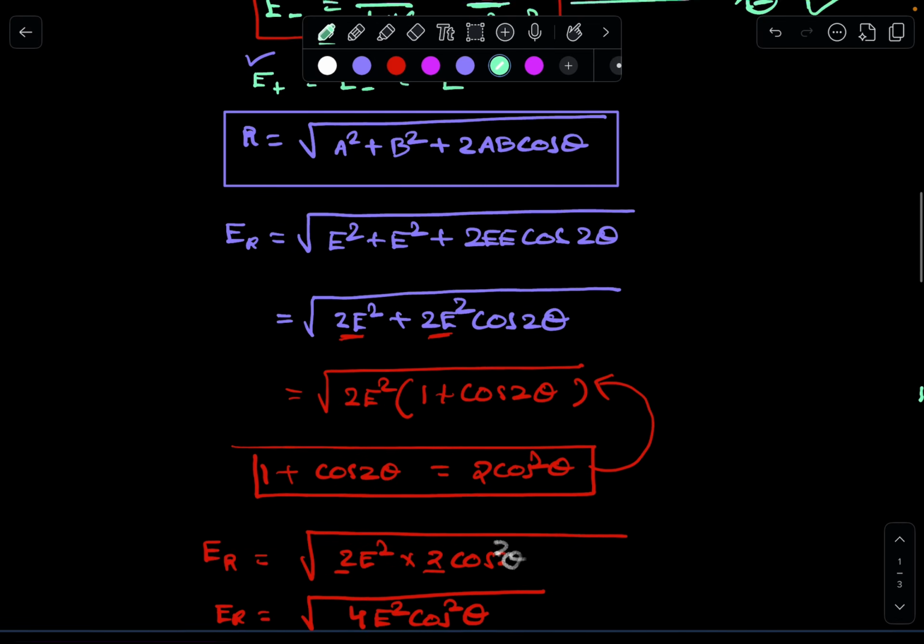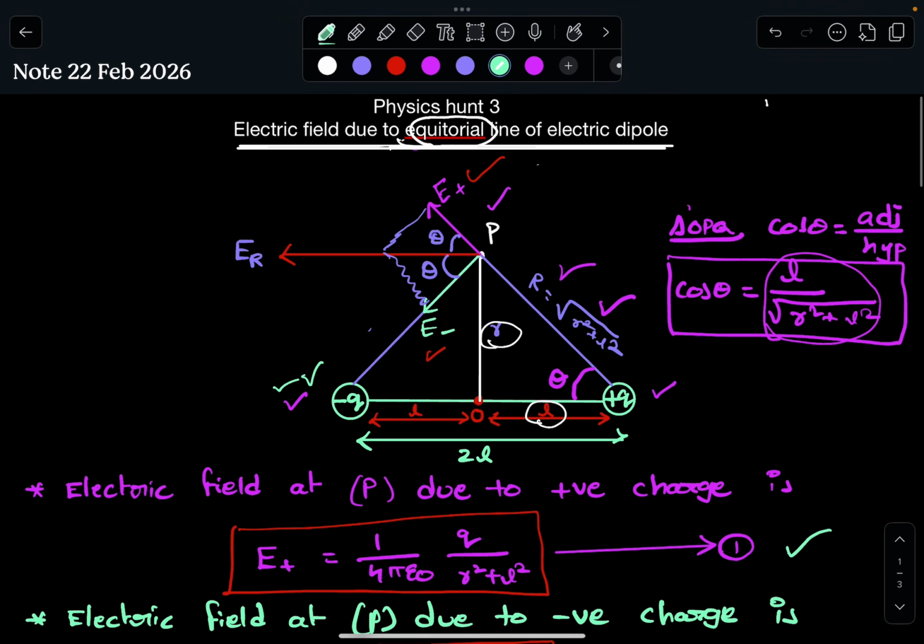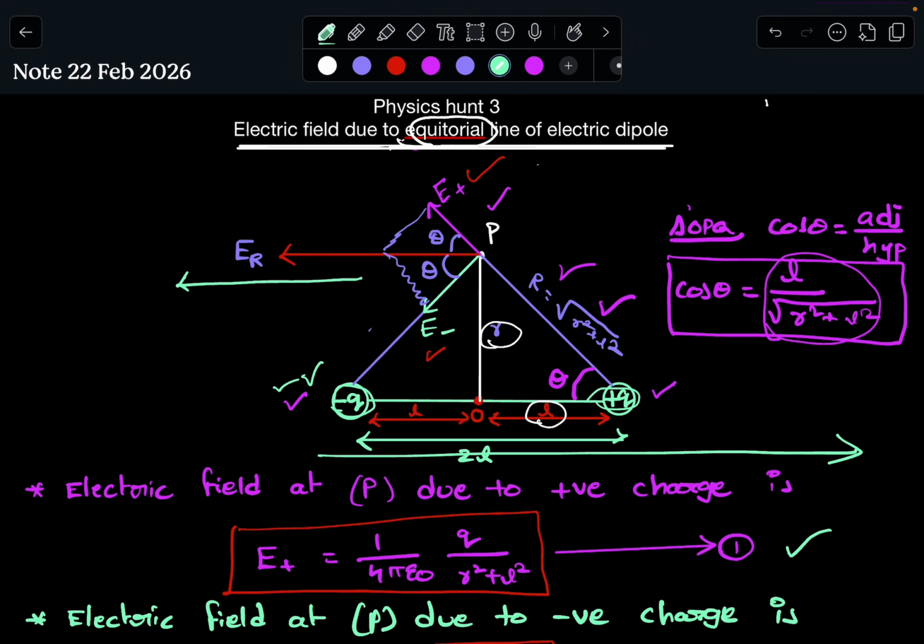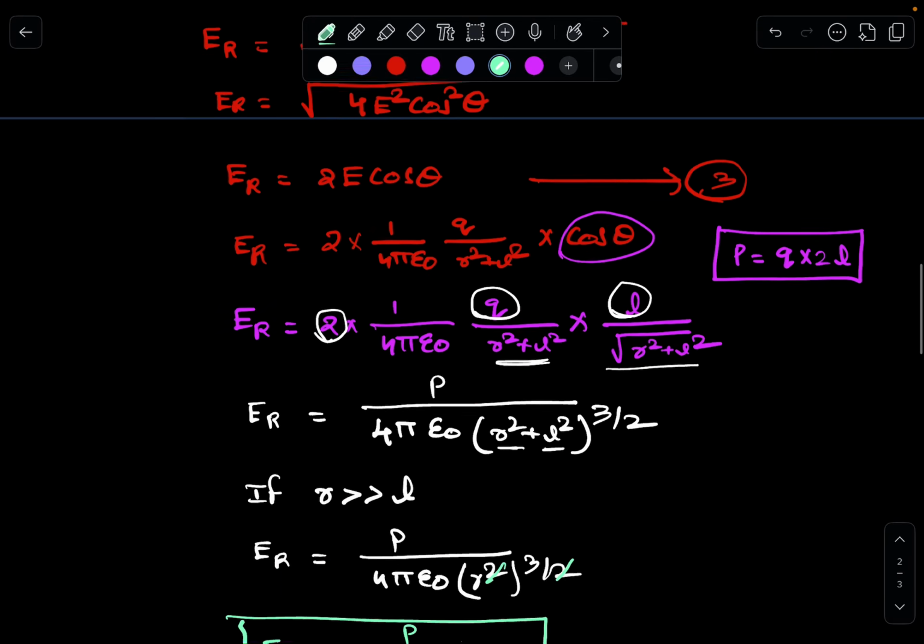Okay, so look at this diagram carefully. Basically, the resultant electric field is acting left side, but dipole moment. Dipole means negative charge as well as positive charge, right? So this dipole moment always acts right side. So dipole moment as well as resultant electric field are opposite to each other.